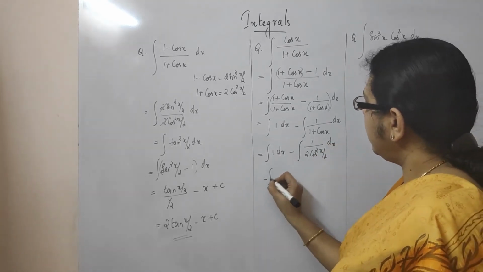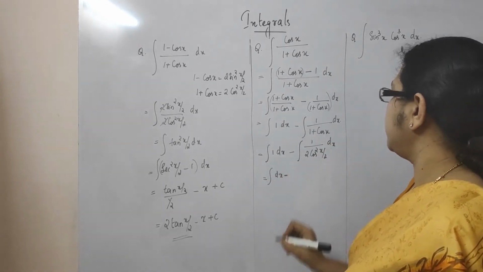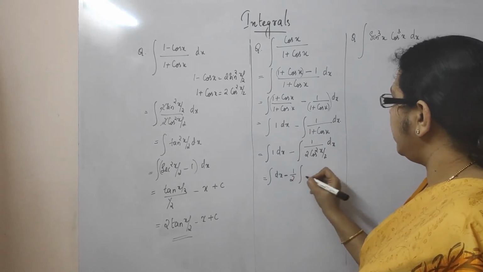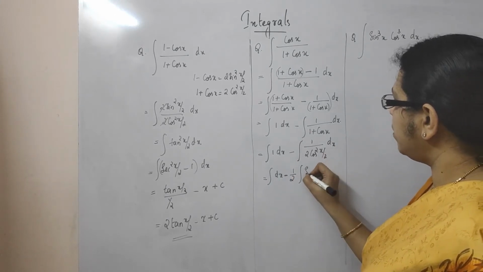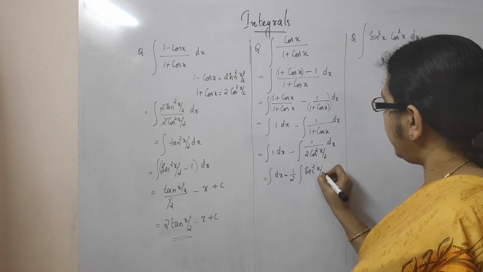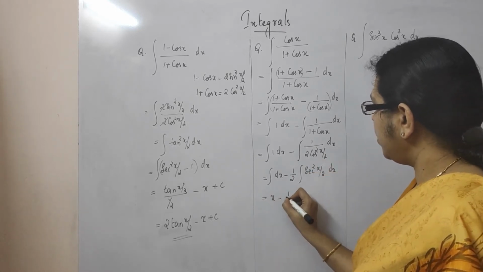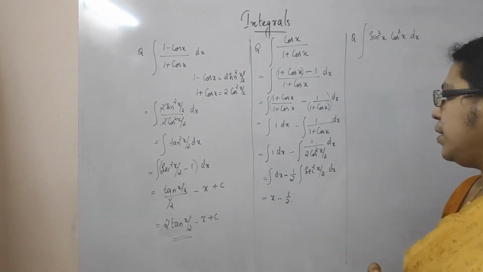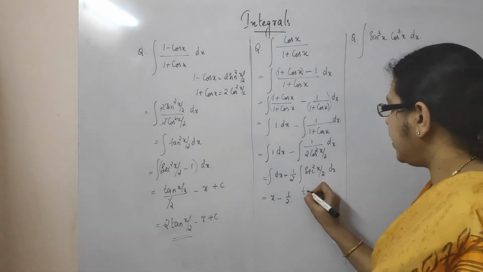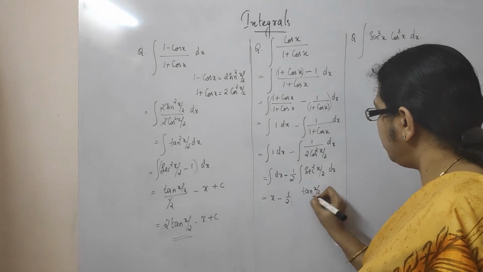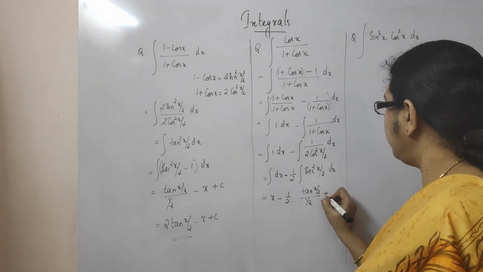Now that is the integral of dx minus 1 by 2, which is common, times the integral of 1 by cos squared x by 2, which is sec square x by 2 into dx. Now, integrate it. That is x minus 1 by 2 into tan x by 2 by 1 by 2 plus c.